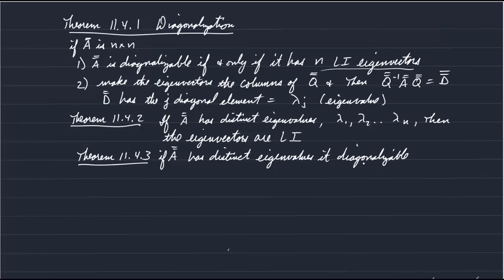And that's, I guess, we know that A is diagonalizable if and only if it has n linearly independent eigenvectors. The next theorem states that if the eigenvalues are distinct, then the eigenvectors are linearly independent. And then following from that is therefore A is diagonalizable if the eigenvalues are distinct.